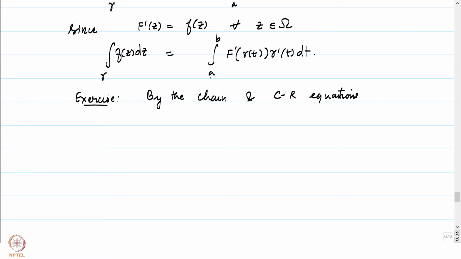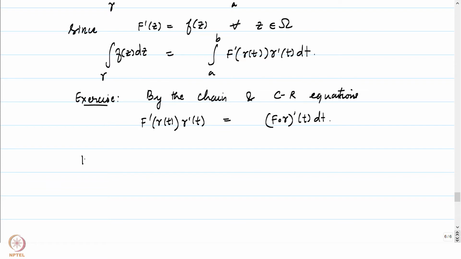This is going to be equal by chain rule to capital F prime of gamma of t. Remember that capital F prime is the complex derivative of capital F, gamma prime t, which is equal to the derivative of capital F composed with gamma, prime t dt.